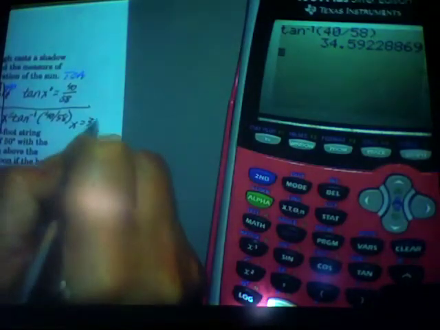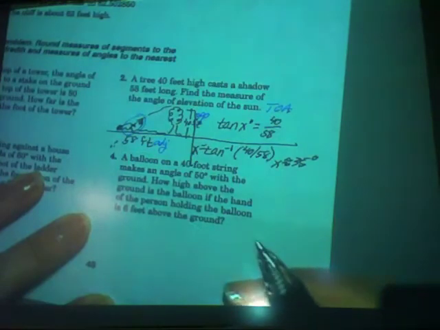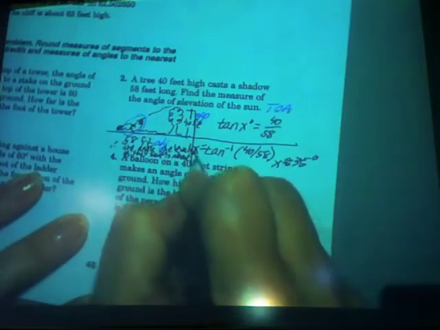So x is equal to 35 approximately, because we just rounded, degrees. Therefore, the angle of elevation of the sun is about 35 degrees.